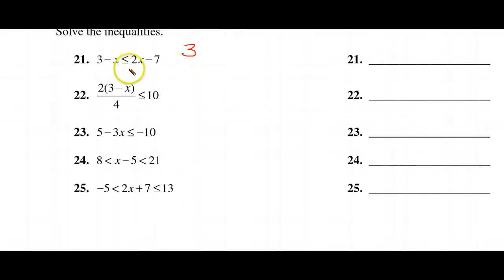I'm going to transpose this negative x to this other side. And that becomes a positive 3x on that side. A negative x on this side is a positive. And then we have our negative 7 still.